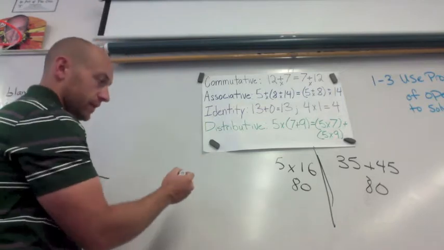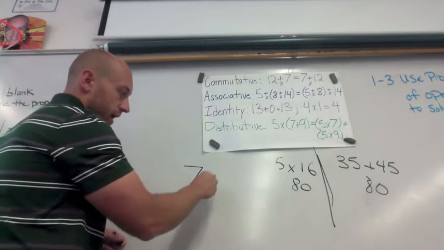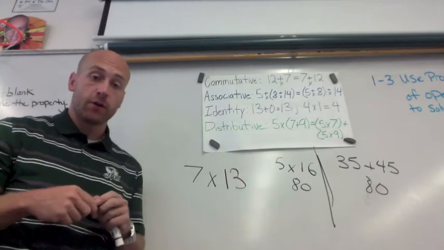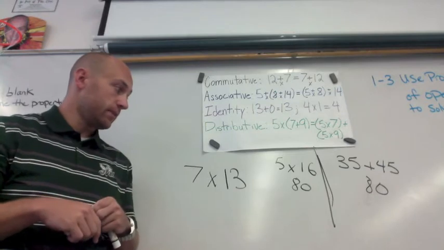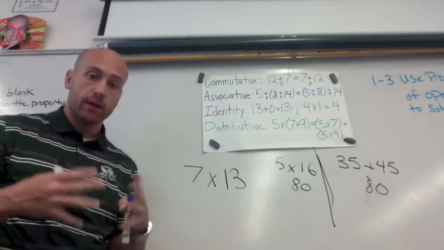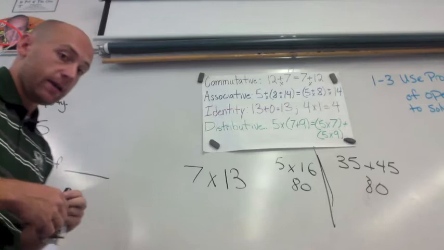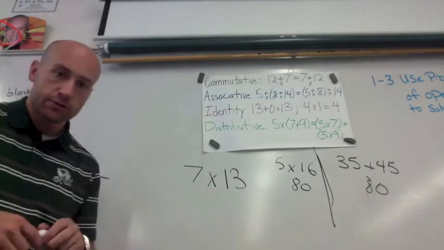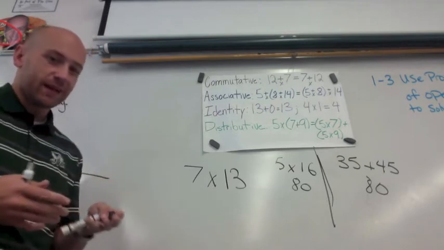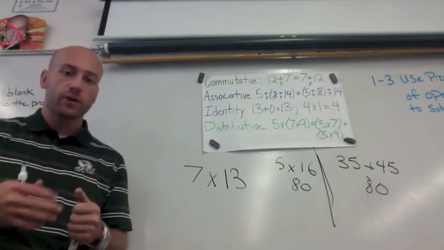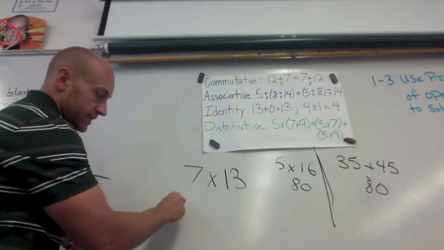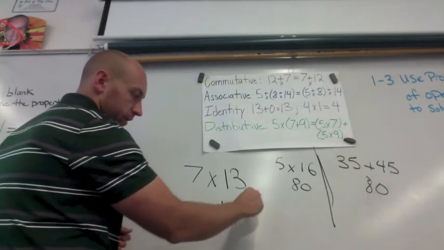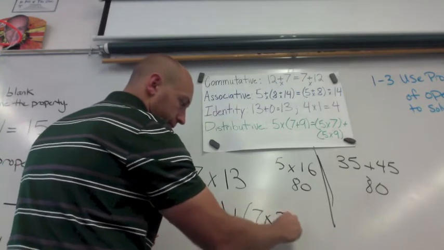Sometimes we might get something like 7 times 13. If you ask me what it is, it's a hard problem. So instead of just trying to do it like it is, I'm going to use mental math to split it up. I want to split this 13 up to make it really easy, so I'm going to use the distributive property. Anything times 10 is easy, so I'm always trying to get to 10. I'm going to multiply the 7 by 10, and then I'm going to do 7 times 3.